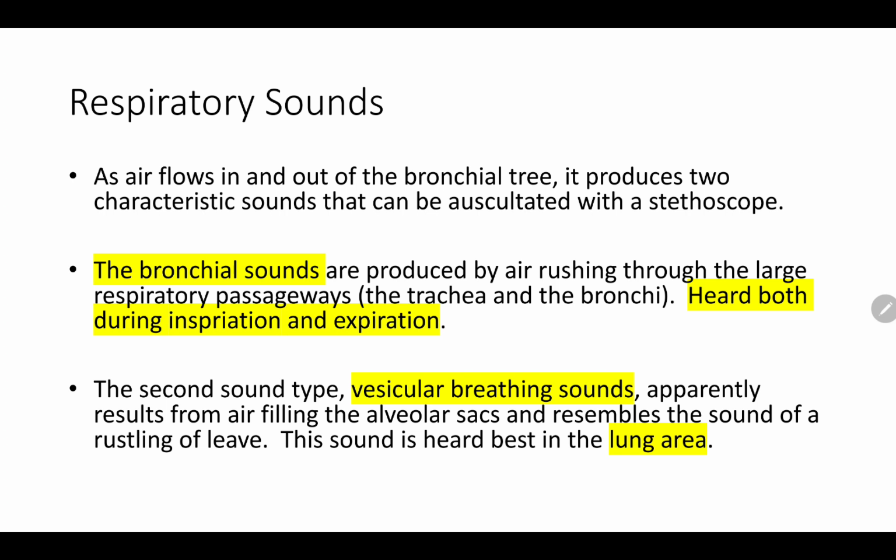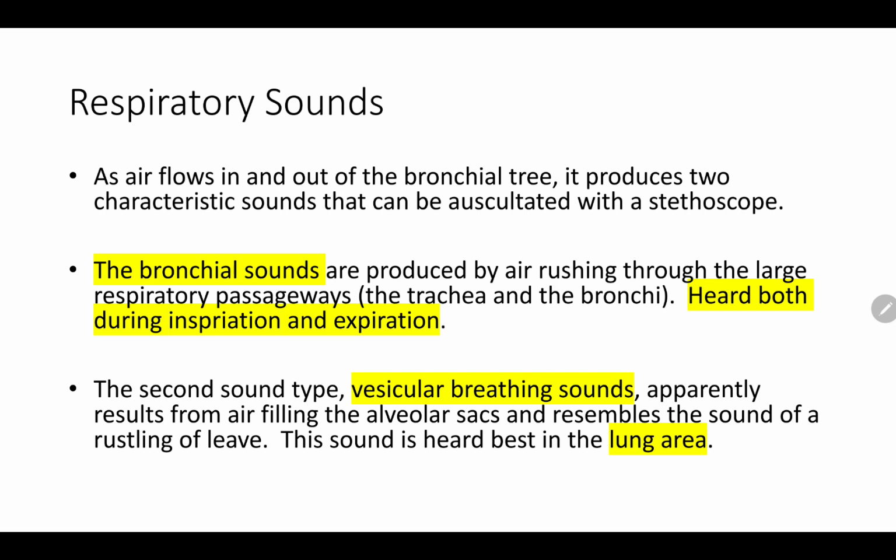The second type is vesicular breathing sounds, resulting from air filling the alveolar sacs and resembling the rustling of leaves. This sound is heard best in the actual lung area.